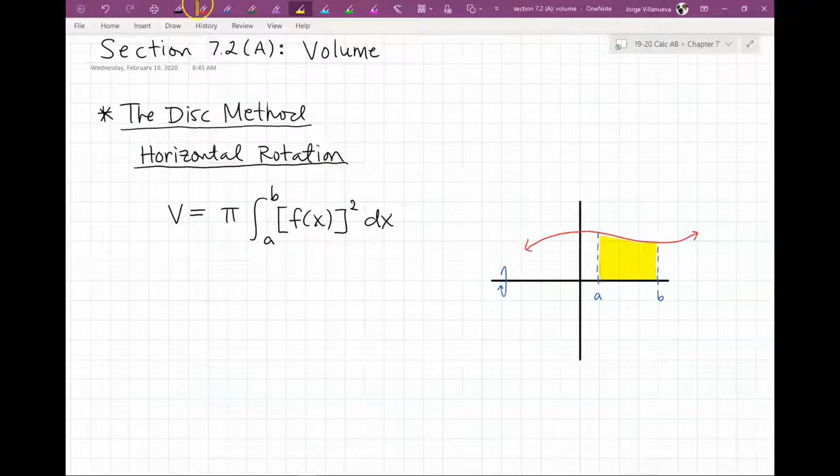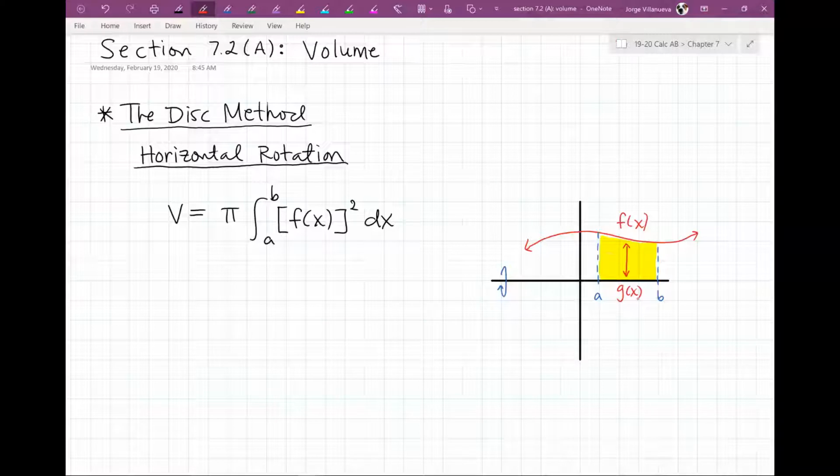So my top function is f of x. Here are my two functions right there. f of x, and g of x is represented by the x-axis. What's the formula for g of x? If it's the x-axis, g of x equals 0.